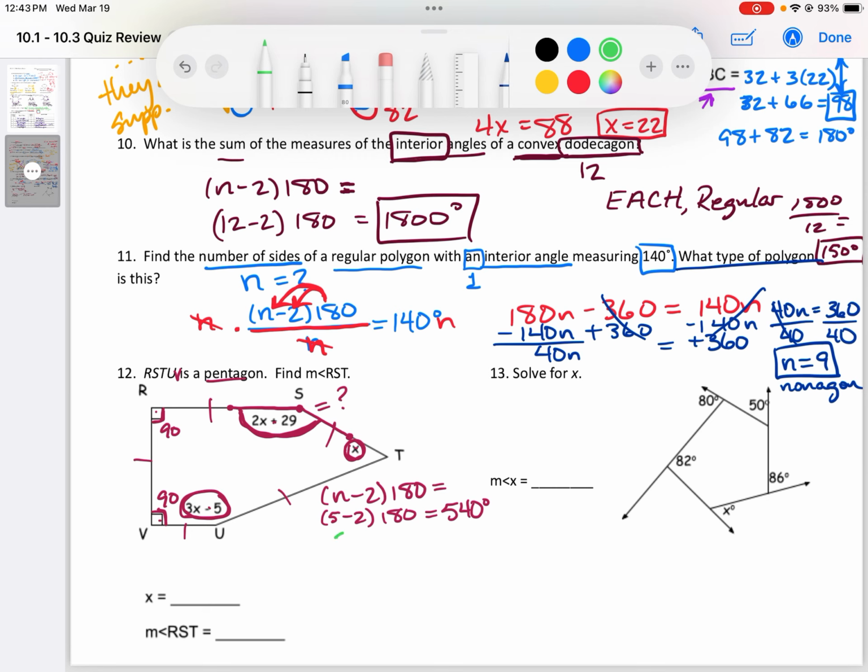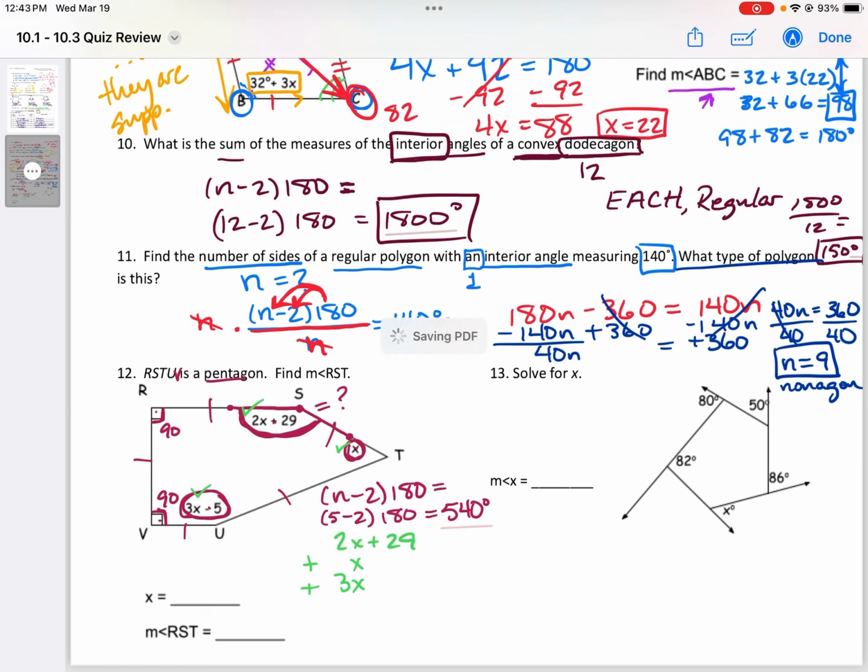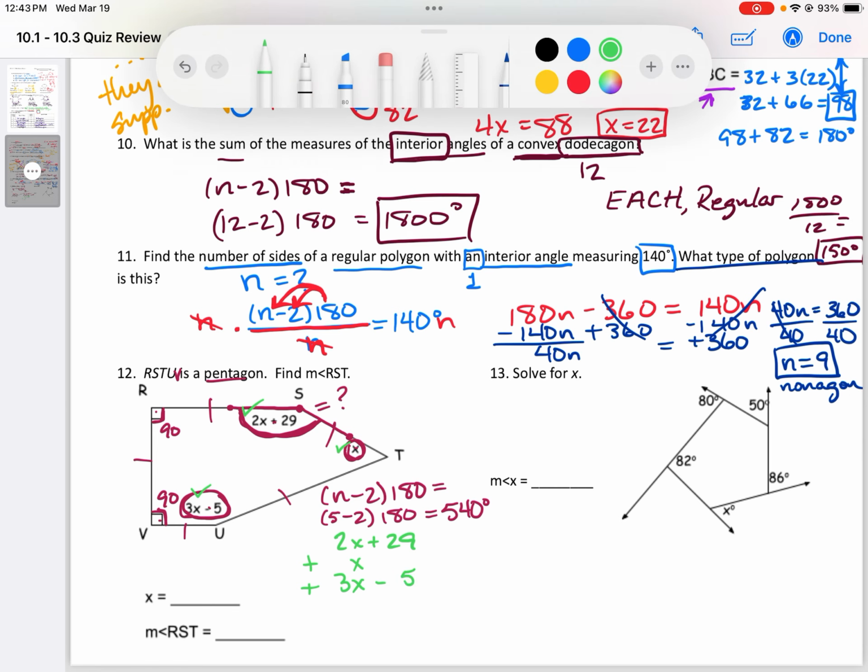I'm going to start with 2x plus 29, and I'm going to put a little check by that one. Next, I'm going to add x. Next, I'm going to add 3x minus 5. Then for these two, I'm just going to add 90 and 90.